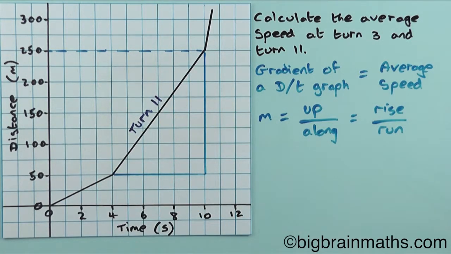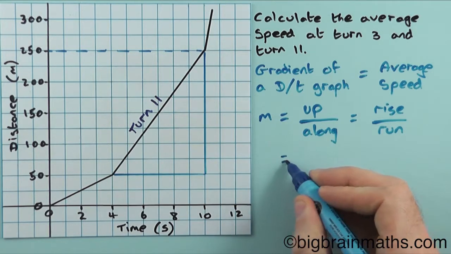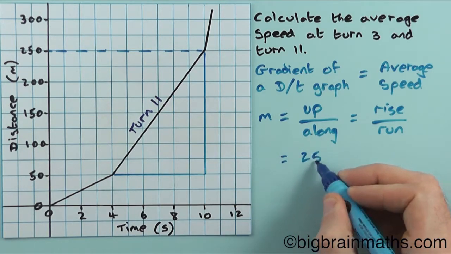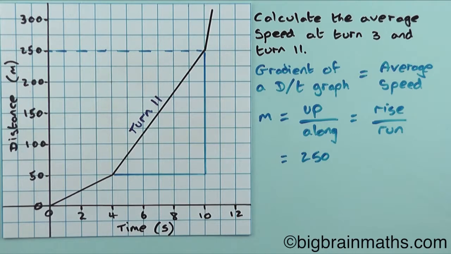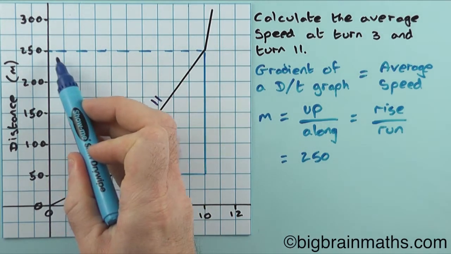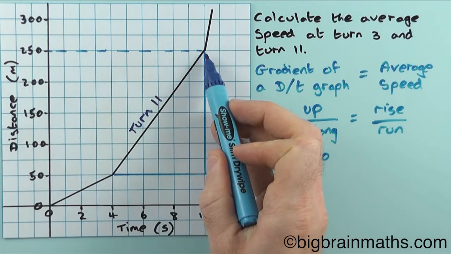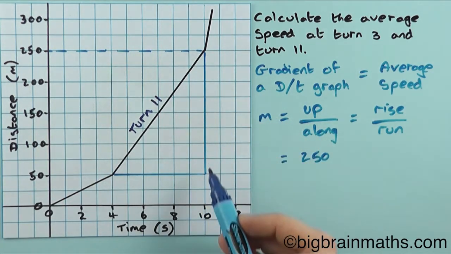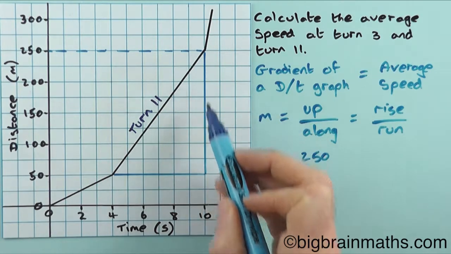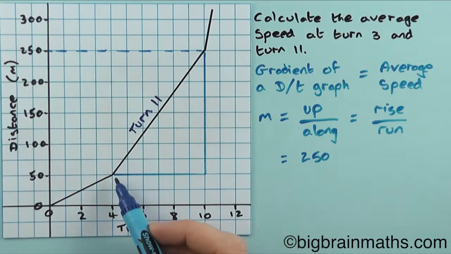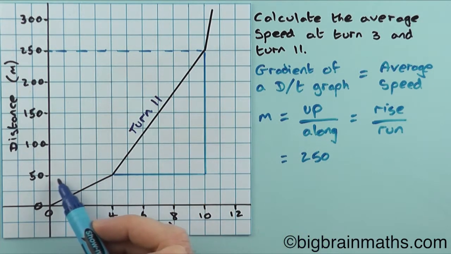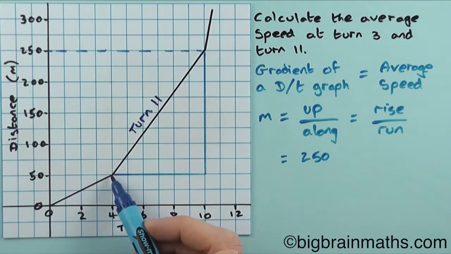Now a lot of students make a big mistake here, and they write down that the up distance is 250 meters. But this is completely wrong, because 250 is the value at this point. But this is not the up distance of the triangle, because the triangle did not start at 0. The triangle started here at 50.